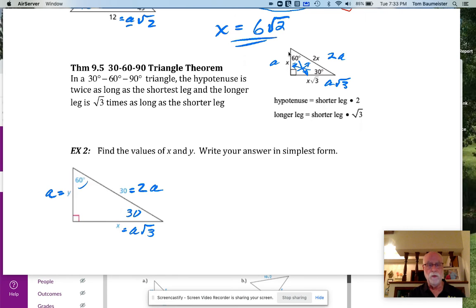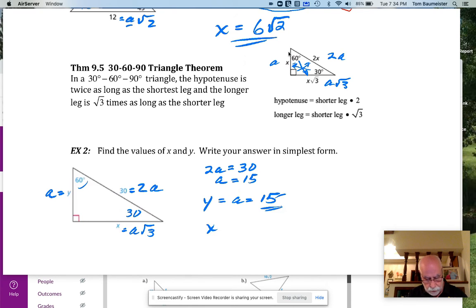And I can still set those equal. So we can say that 2a is equal to 30, or A is equal to 15. Okay, so if A is equal to 15, well, Y is equal to A. So Y is equal to 15.